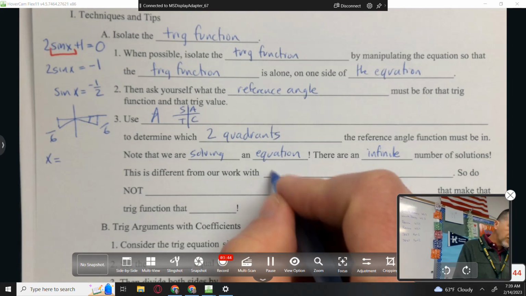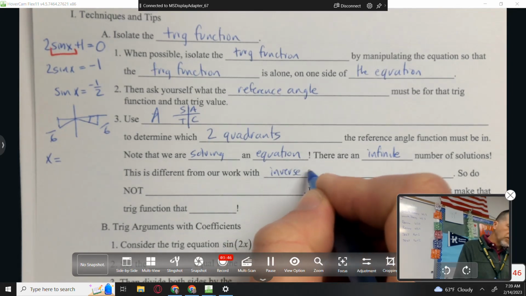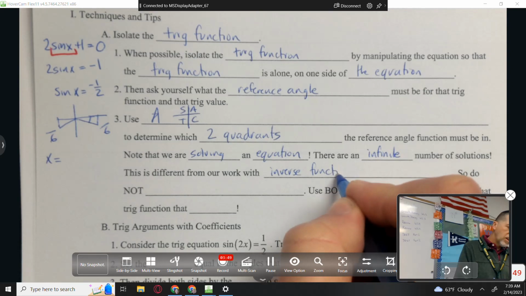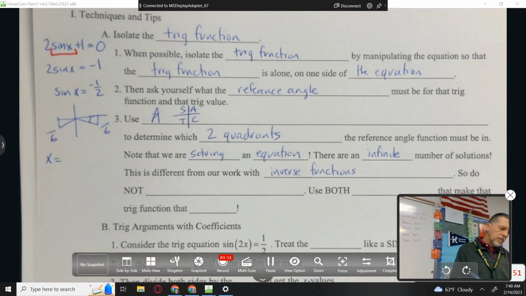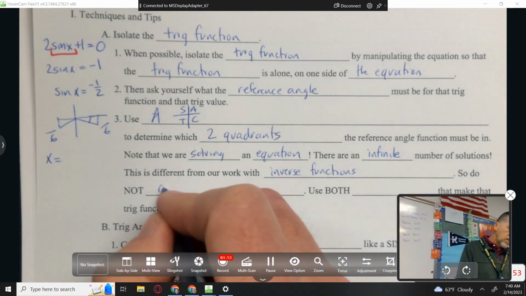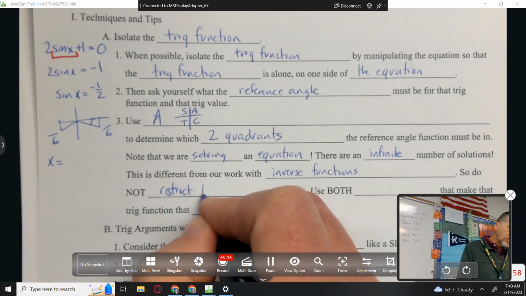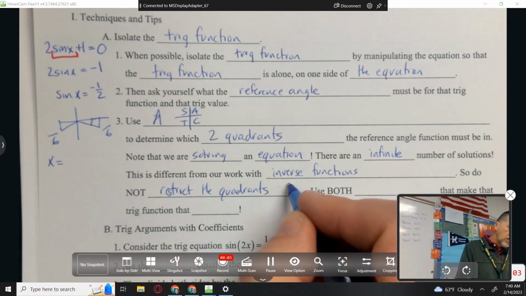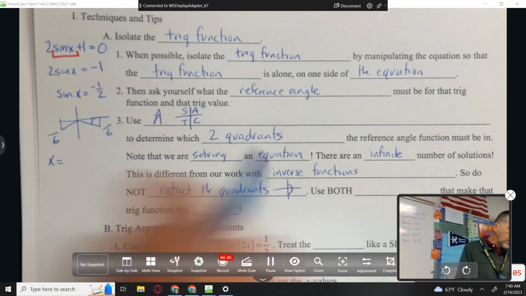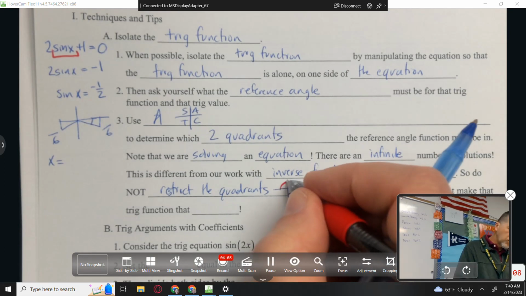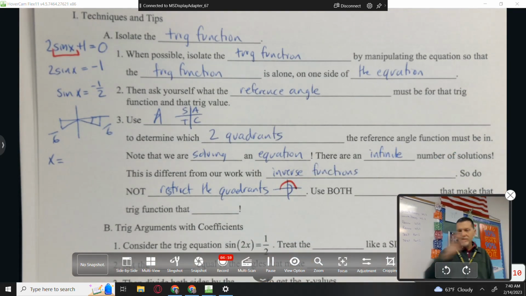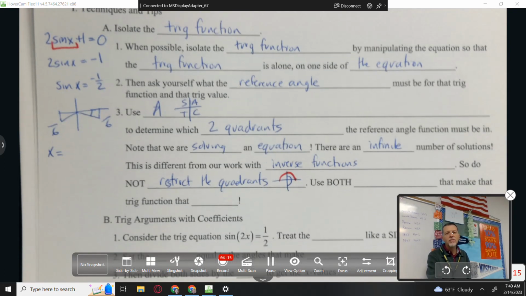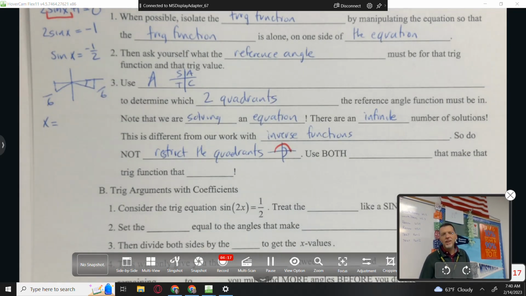This is different from our work with inverse functions. So do not restrict the quadrants. The rules about which ones come from 1 and 2 versus which ones come from 1 and 4, we're not doing that because we have equations today. That was only when we were doing inverses, so don't do that today.